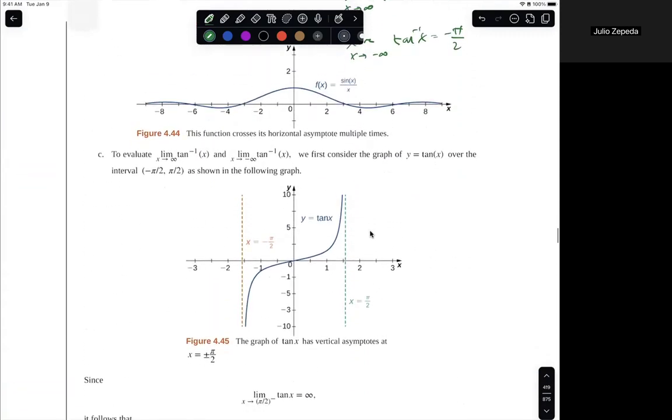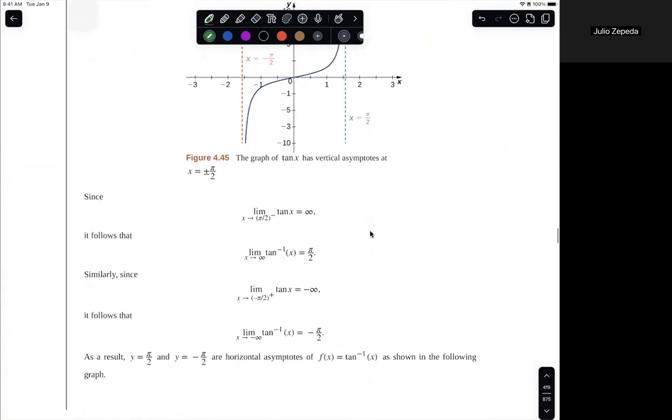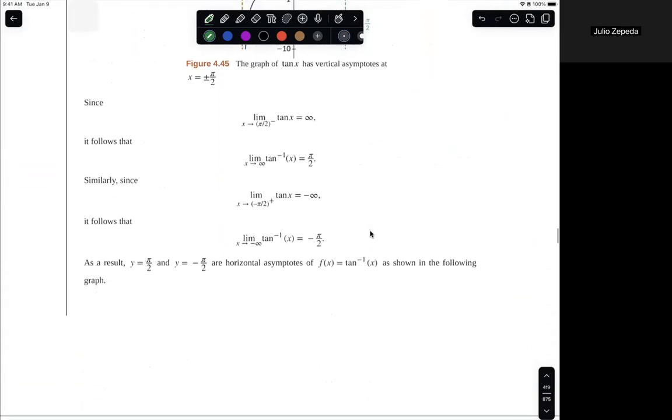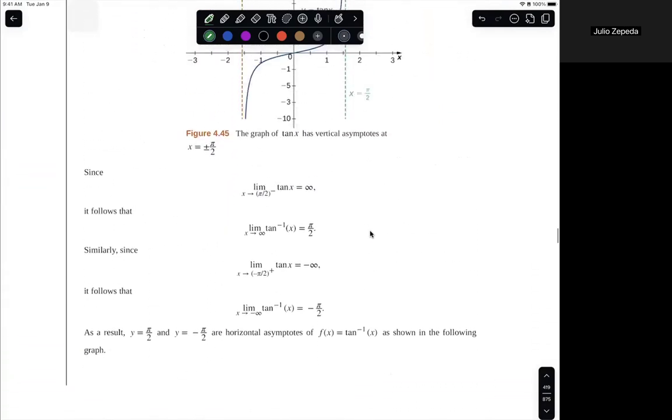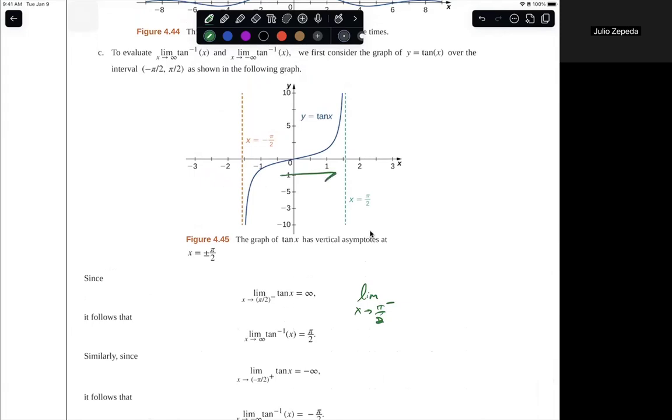Let's see, they show the tangent of x, which is right there. And then they show that the limit as x approaches pi over 2 from the left side. So as we approach pi over 2 from the left side, what happens to the function? It goes to positive infinity.